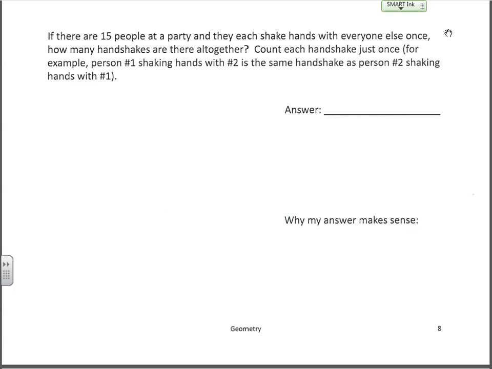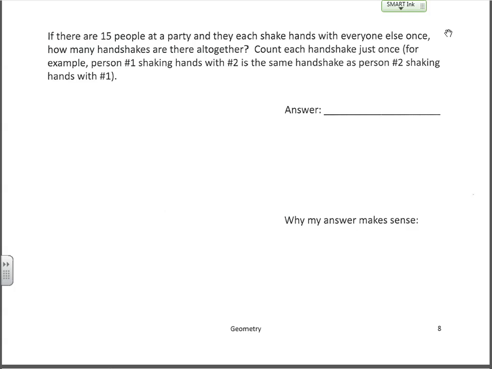But there are 15 people at a party, and they each shake hands with everyone else once. How many handshakes are there all together? Count each handshake just one time. So for example, person number 1 shaking hands with number 2 is the same handshake as person number 2 shaking hands with number 1. You only count it once.